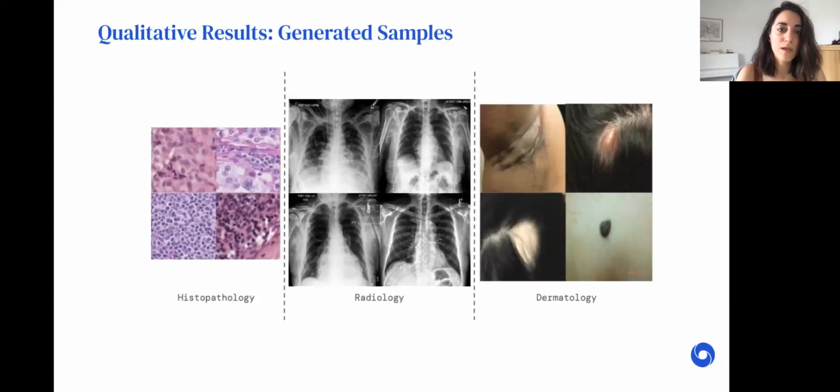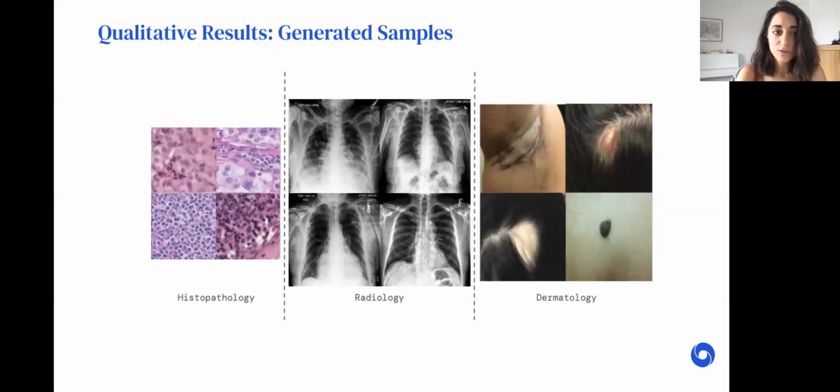The next most challenging data set is the chest radiology data set that includes CheXpert and NIH X-ray data sets.